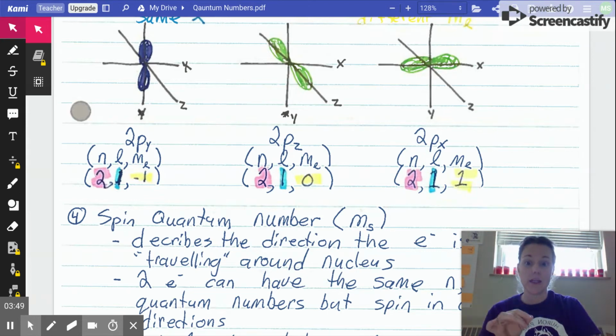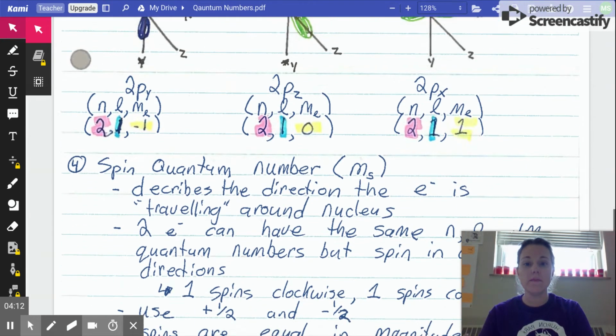So the magnetic quantum number is just describing the orientation of the shape in that three-dimensional space of the atom. And you guessed it, if we were to look at L equals 2, there are way more different orientations that orbital can have. But that is something for you to look at if you continue into quantum mechanics in post-secondary.